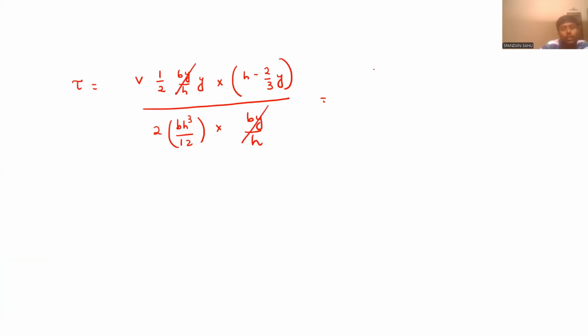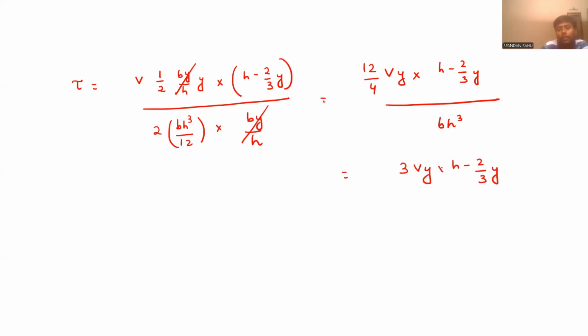This got cancelled. So 12 upon 4V y into h minus 2/3 of y by bh cube. Correct? So it became 3Vy h minus 2 by 3y by bh cube.